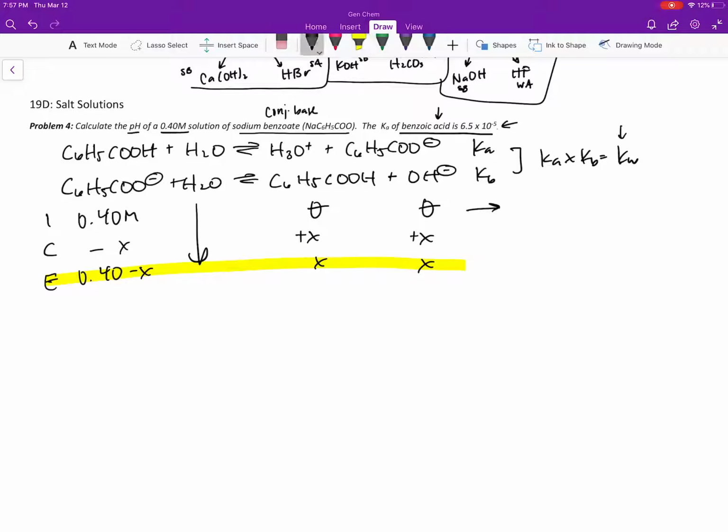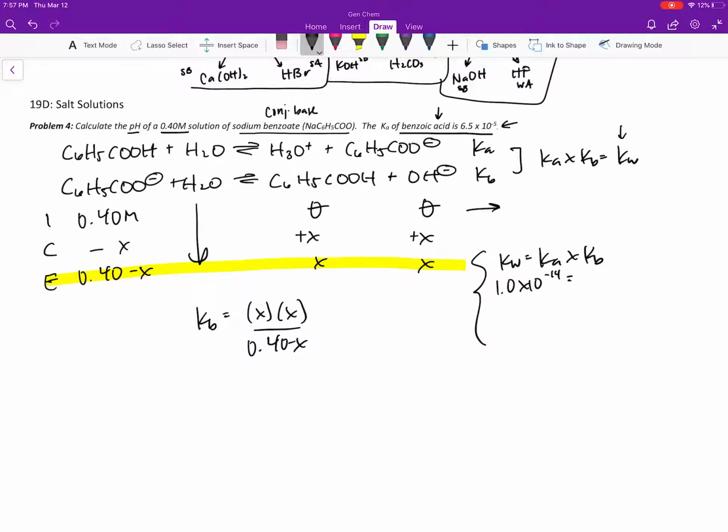Now this is written in the form of a base, so the expression would be Kb is products over the reactants, but I have a few things to figure out. The first is I don't know what Kb is, so off to the side I'm going to have to determine what Kb is.